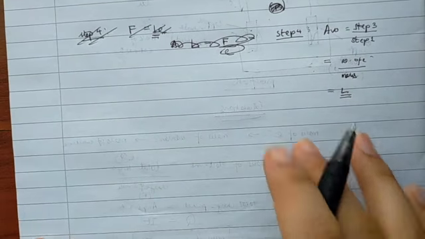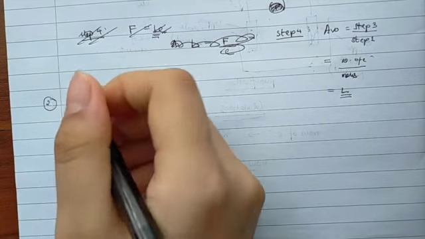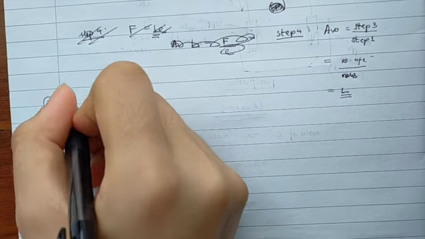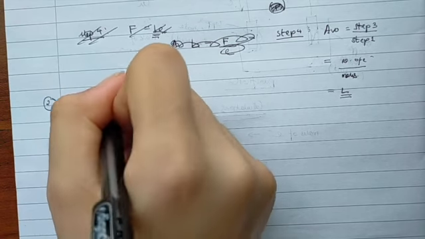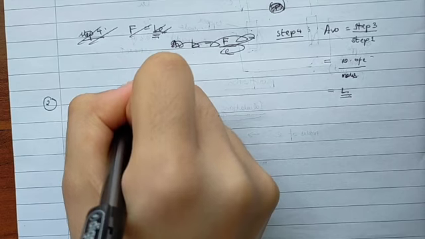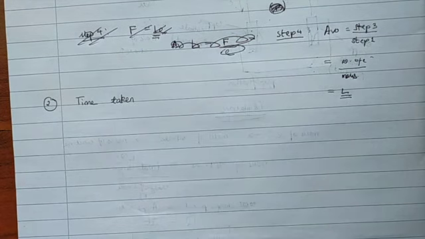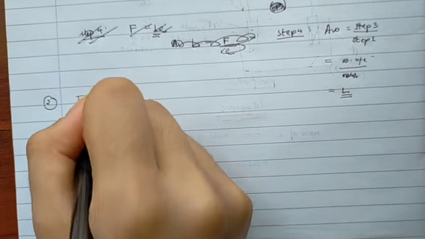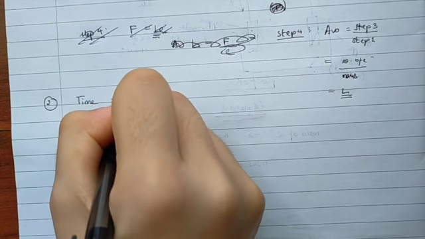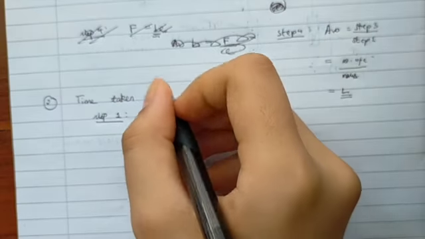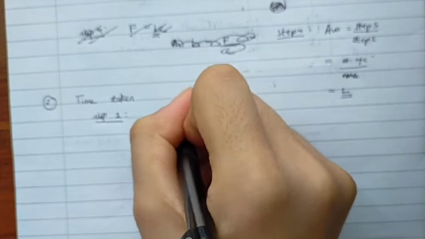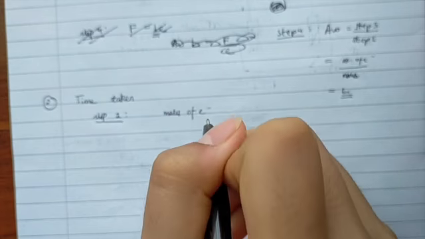Now let's move on to the second calculation, which is calculating the time taken for X grams of a substance to be liberated. So step 1 of this is to calculate the moles of electrons.